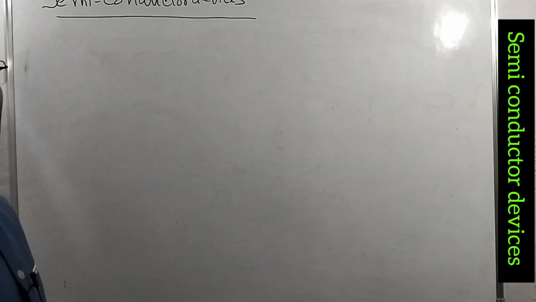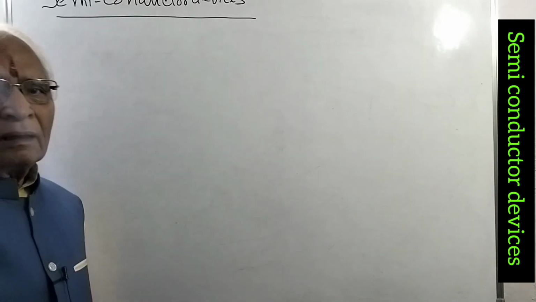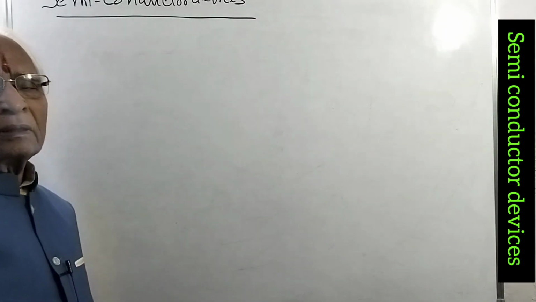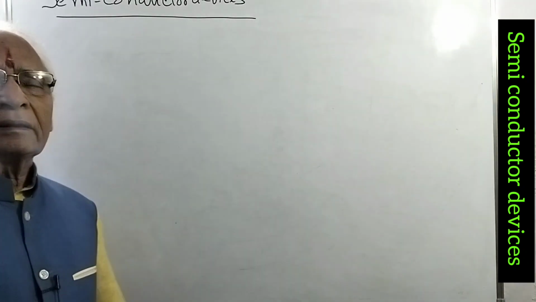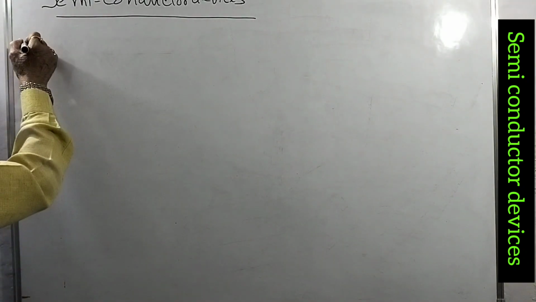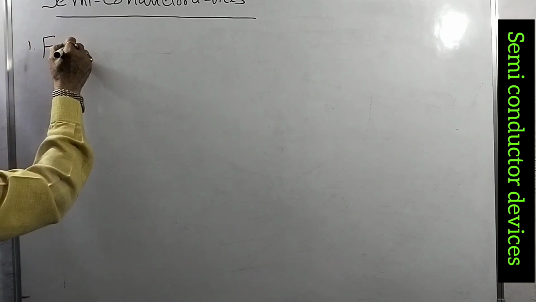First I will talk about the forward biasing of PN junction diode, then reverse biasing, characteristic of junction diode, then further we will go to the rectifier, etc. So we first talk about forward biasing of PN junction.